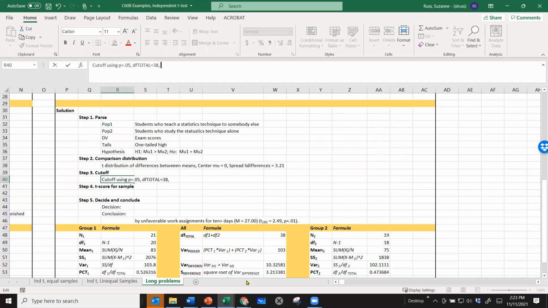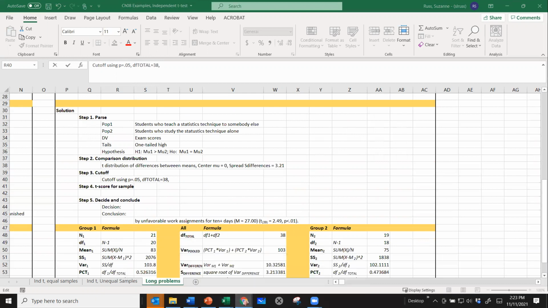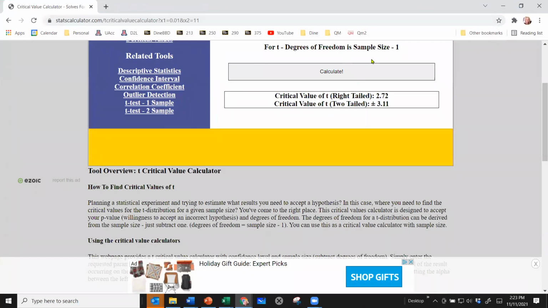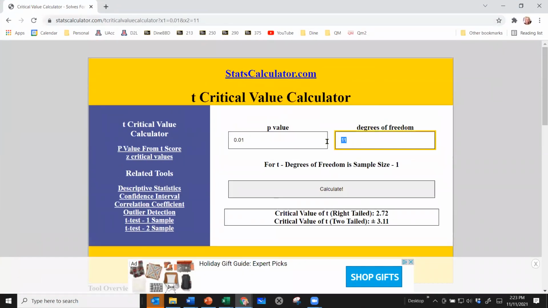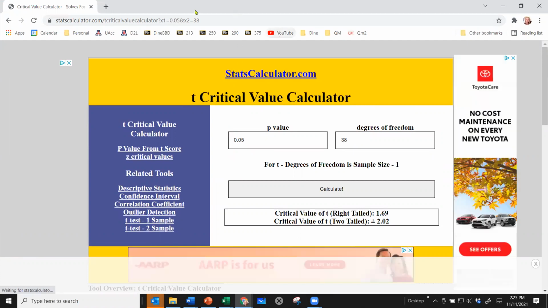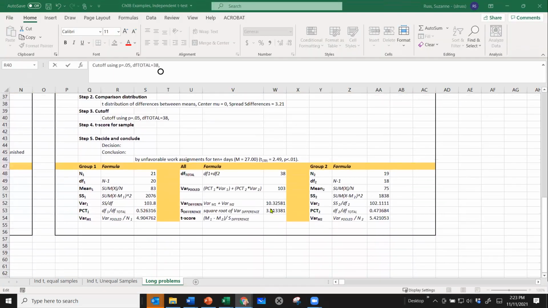And when we use our critical value indicator to look that up, we have 38 degrees of freedom with 0.05. We'll calculate, and we find out that for our one-tailed test, 1.69 is the critical value that we're going to look into the tails for.